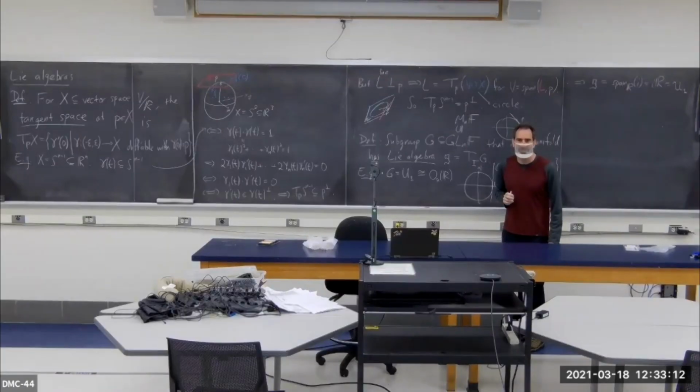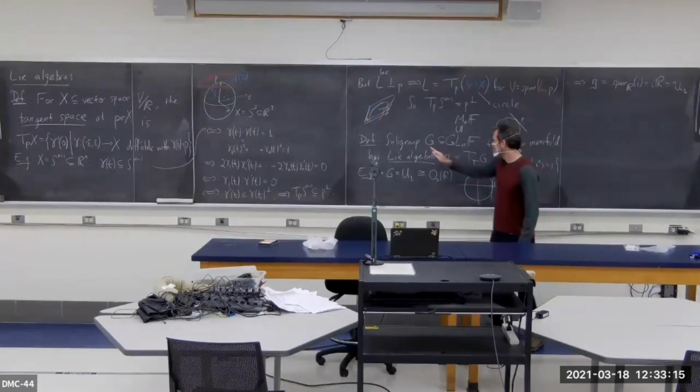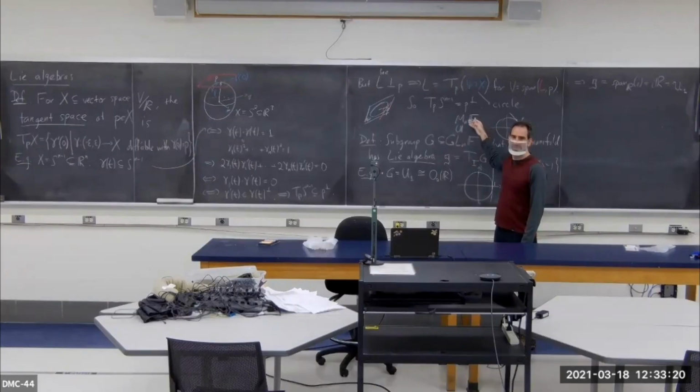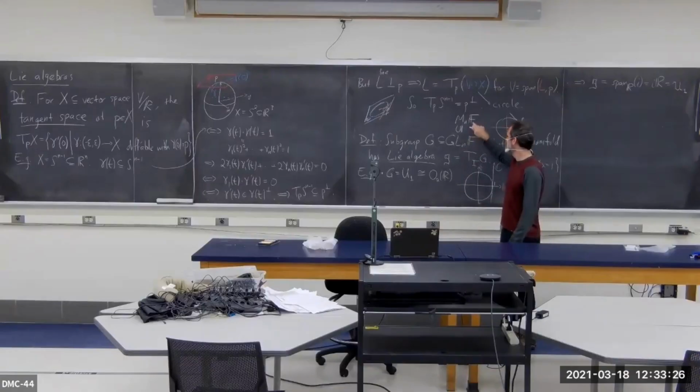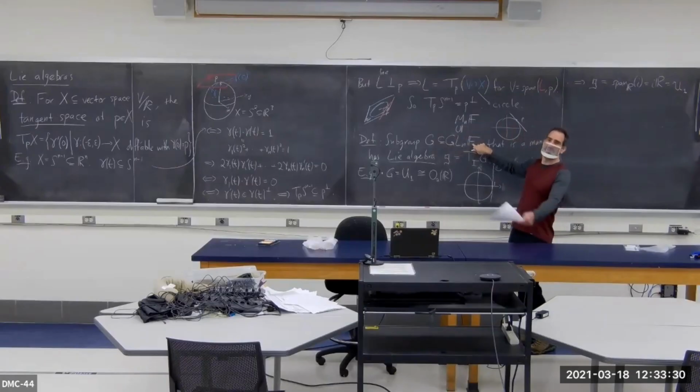Okay, I see. So the point is that G is a subgroup of GLn of F, which is contained in Mn of F, which is a vector space. Okay, got it. Thanks. We knew that Mn of F is a vector space already, so if I tell you it's contained in here, that's good enough for it to be contained in a vector space.